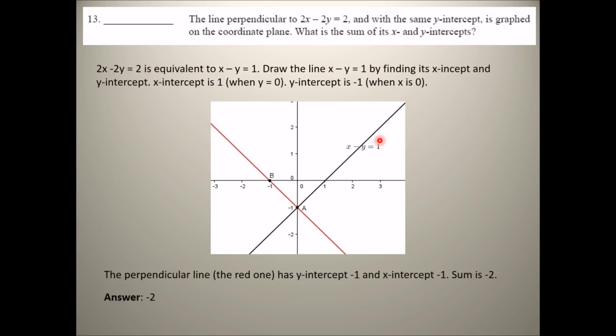The black line represents x minus y equals 1, where the x-intercept is where the line meets the x-axis at 1, and the y-intercept is where it meets the y-axis, which is negative 1. And the perpendicular line, this red line here, has the same y-intercept, negative 1, as stated in the question, and the x-intercept is negative 1. So the sum of those two is negative 2, and the answer is negative 2.